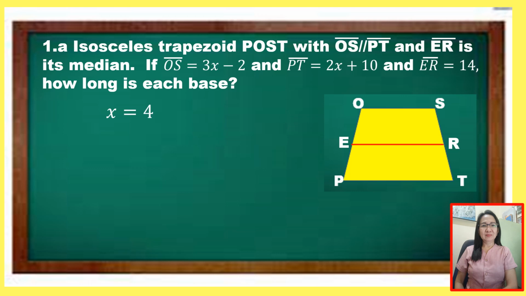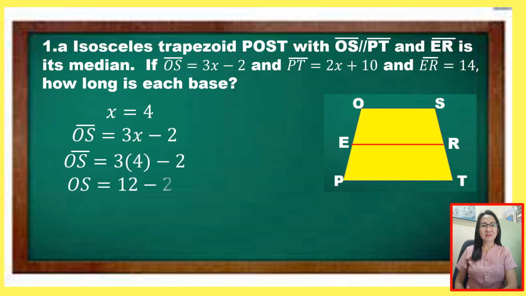Now, since we obtained the value of x as 4, let us substitute this value in OS, which is equal to 3x minus 2. By substitution, OS is equal to 3 times 4 minus 2, where 3 times 4 is 12, minus 2 is 10.